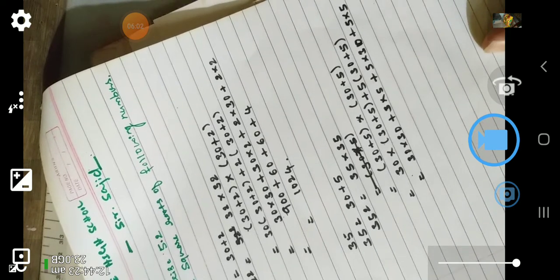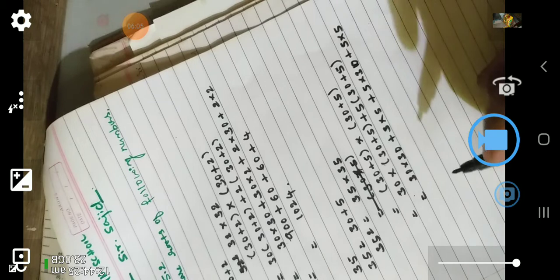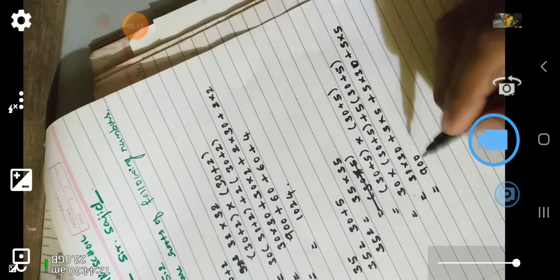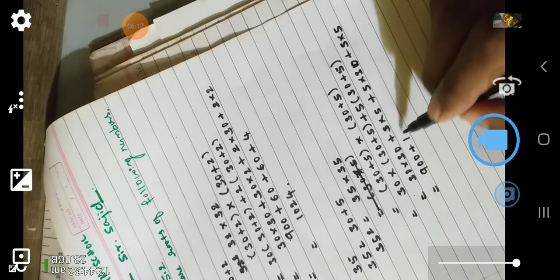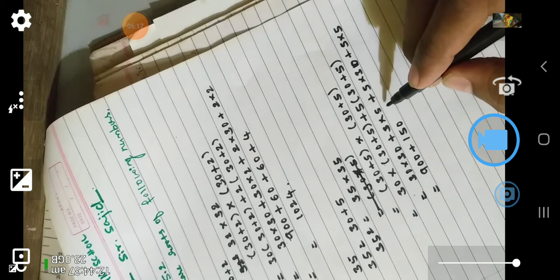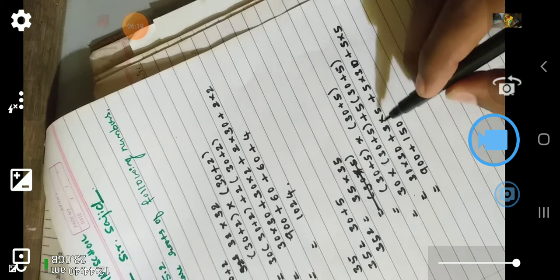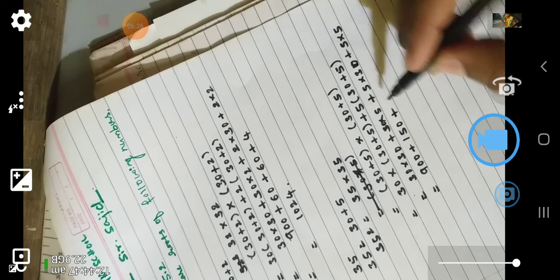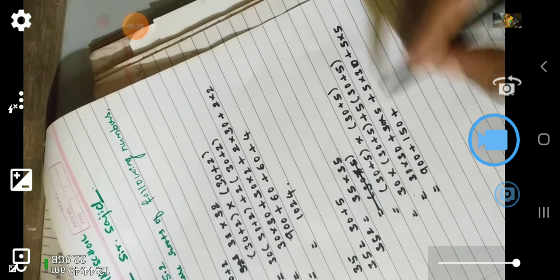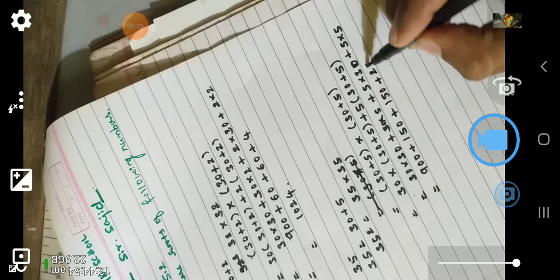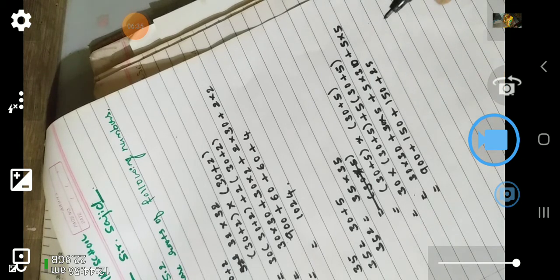We can simplify like this, and finally we can write 30 into 30 is again 900, plus 30 into 5 is 150, plus again 150, plus 5 5s are 25.